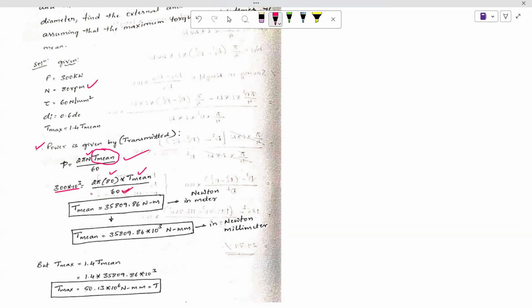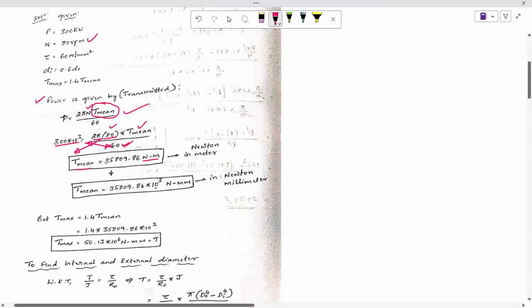Now do the multiplication: 300 into 10 to the power of 3 into 60. Multiply these two, you will get some value, and then divide that value by 2 pi into 80 in the denominator. Finally, the mean torque will be around 35,809.86 Newton meter.